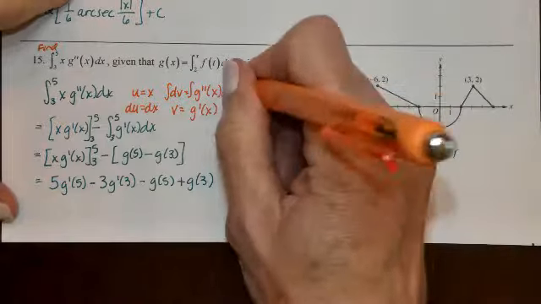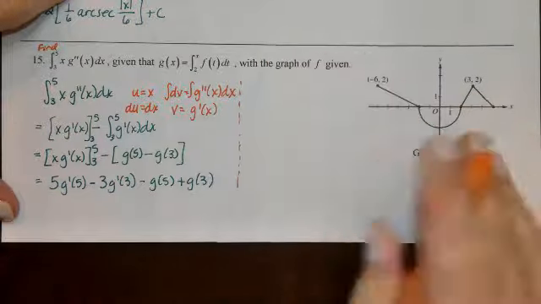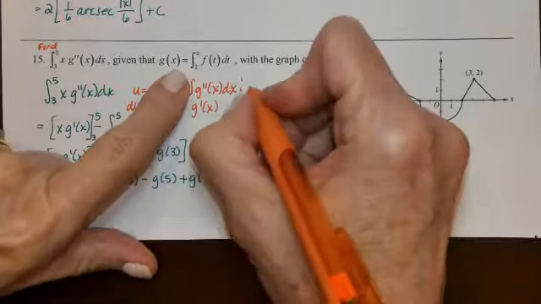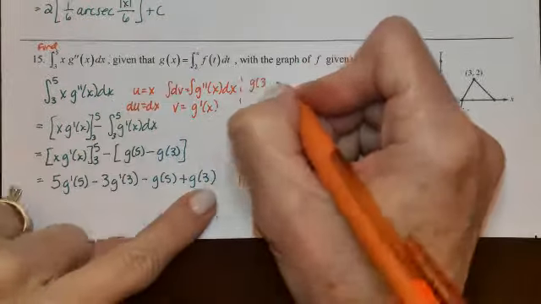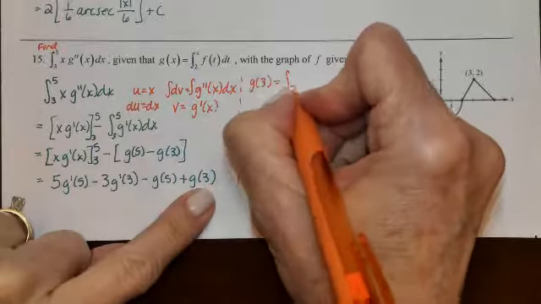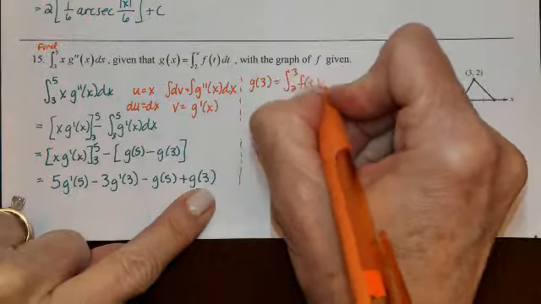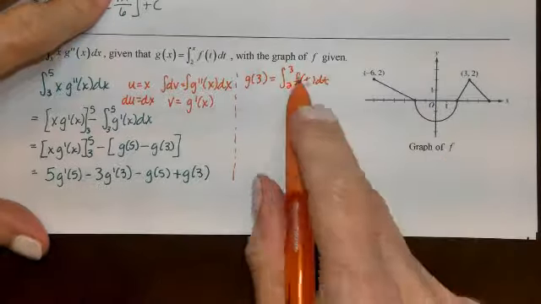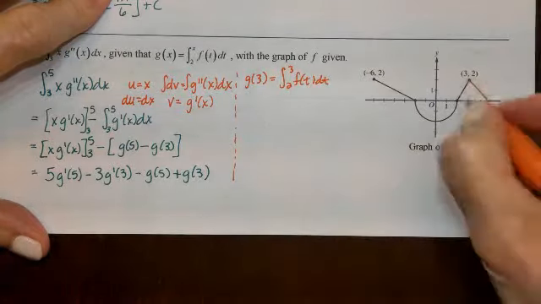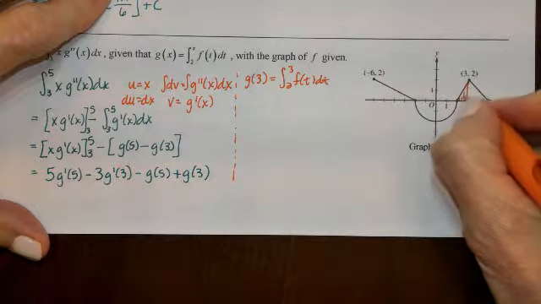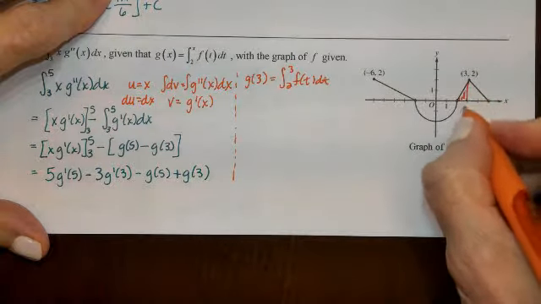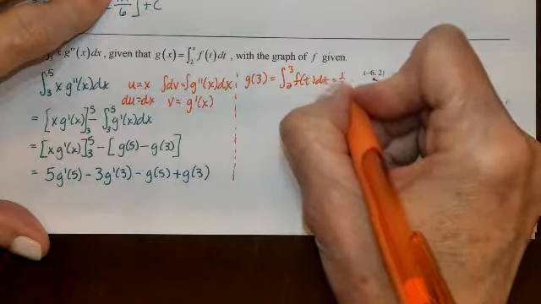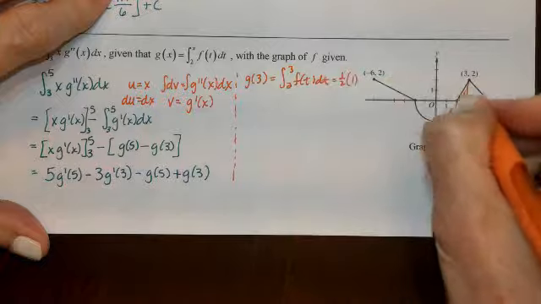First of all, if this is g of x, then g of 3 will be the integral from 2 to 3 of f of t, right? And we have the graph of f of t, so this is just area from 2 to 3. That's all it is. And the area from 2 to 3 here is that little triangle, so 1/2 base times height. The base is 1, the height is 2.